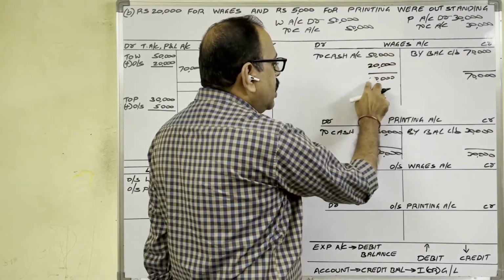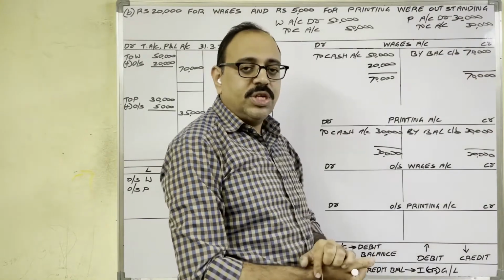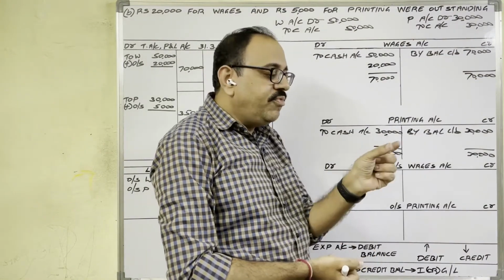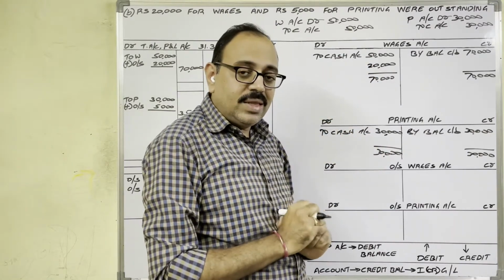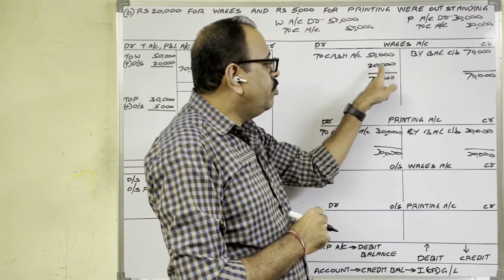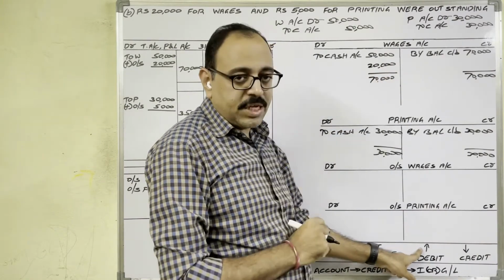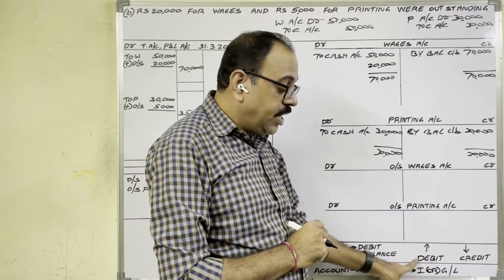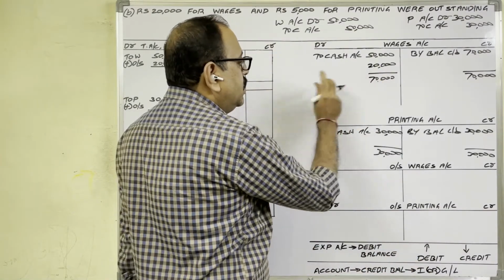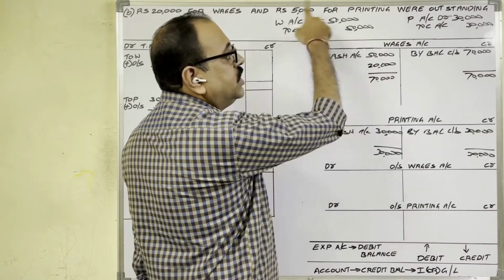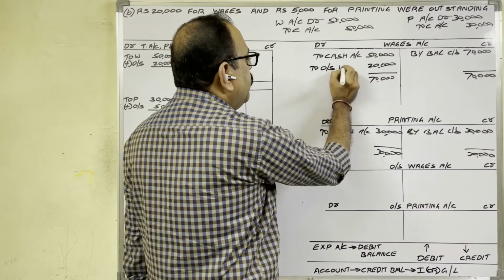Then the debit total is 70,000, so balance carried down becomes 70,000 rupees. So from 50,000 to 70,000, I want to increase wages. In that case, the wages account should be debited with 20,000. So if we want to increase any expenditure, then that expenditure account should be debited. And what to write for this 20,000? This 20,000 is what? Outstanding wages. To outstanding wages.